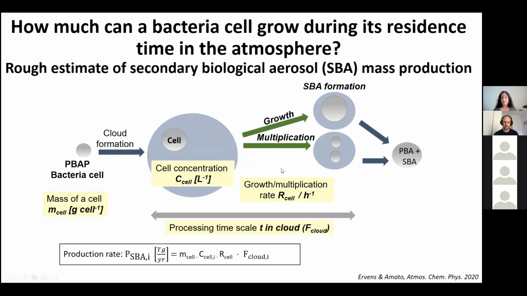Then we know from lab studies, from the literature, the growth rates of typical atmospheric bacteria. And then, of course, we have to constrain the time where this can happen in the atmosphere. So how long does a bacteria cell probably spend in clouds while it is in the atmosphere? That is our first approach to estimate this increase in bacteria mass.